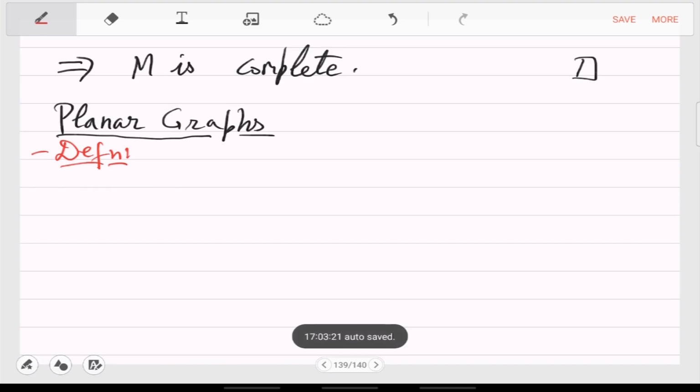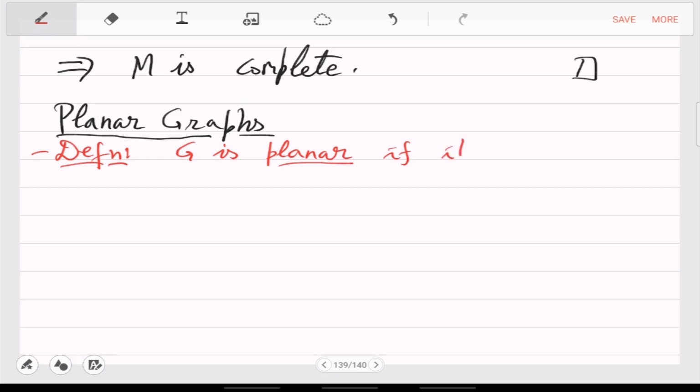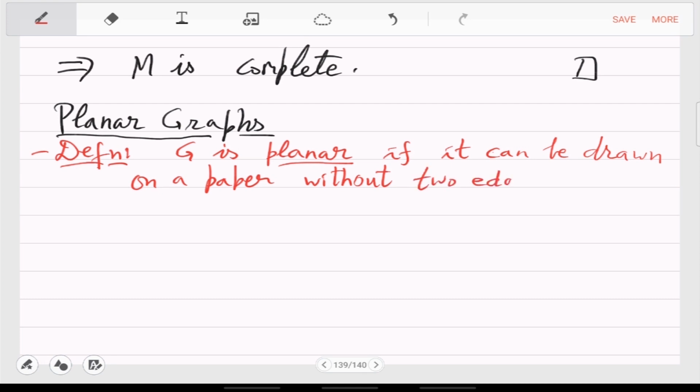So G is planar if it can be drawn on a paper without two edges intersecting.